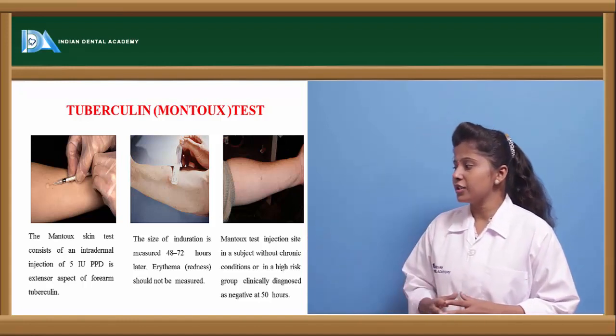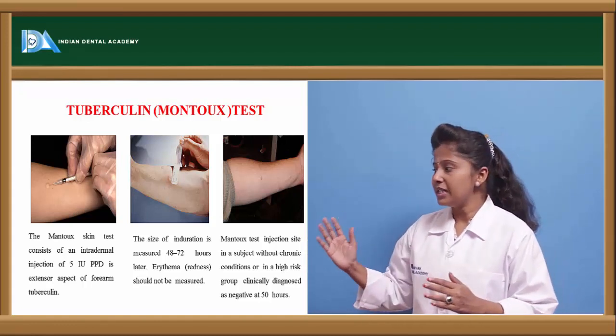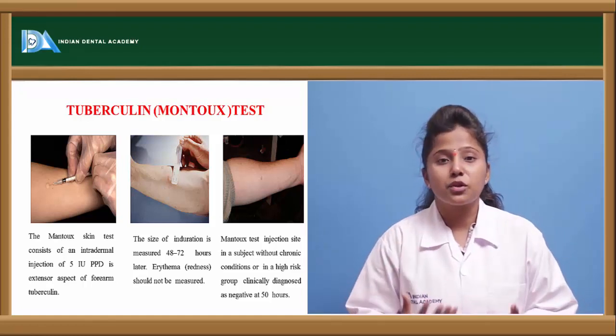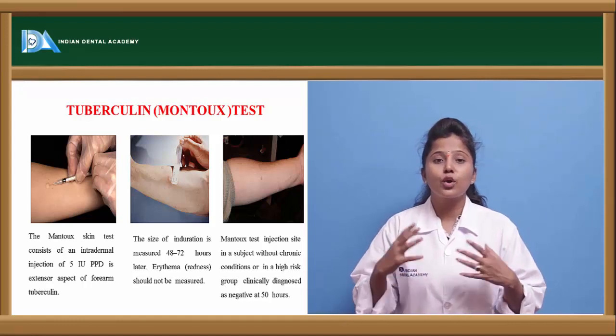If a person is subjected to the Mantoux injection, then in this way we can diagnose how much the person is affected. The more the rash that can be observed, the more prone the person is to that disease.